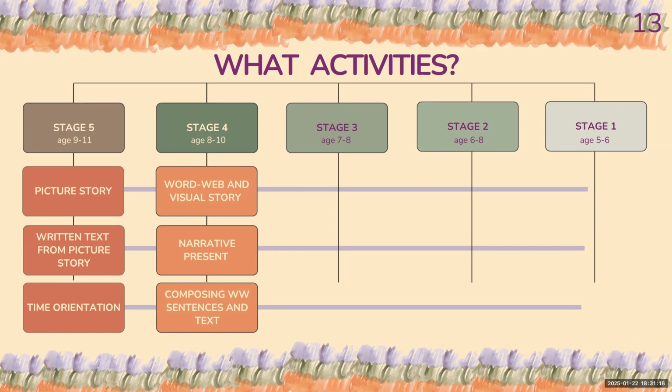Using the word web, children learn the mechanics of the narrative present, that is part of the verb, and how they form positive, negative, and question sentences. Here they also learn the pattern of the tense formation, which is then in stage 5 applied to other tenses. And using the word web, they also learn the sentence structure.